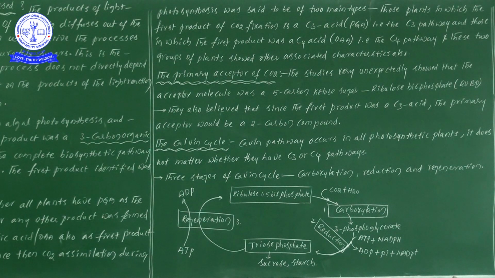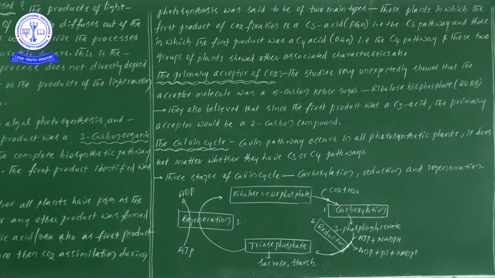Generally we think like that: since a 3-carbon compound is formed, a 2-carbon compound would receive the carbon dioxide, and the 1 carbon of carbon dioxide plus 2 carbons would make a 3-carbon compound.